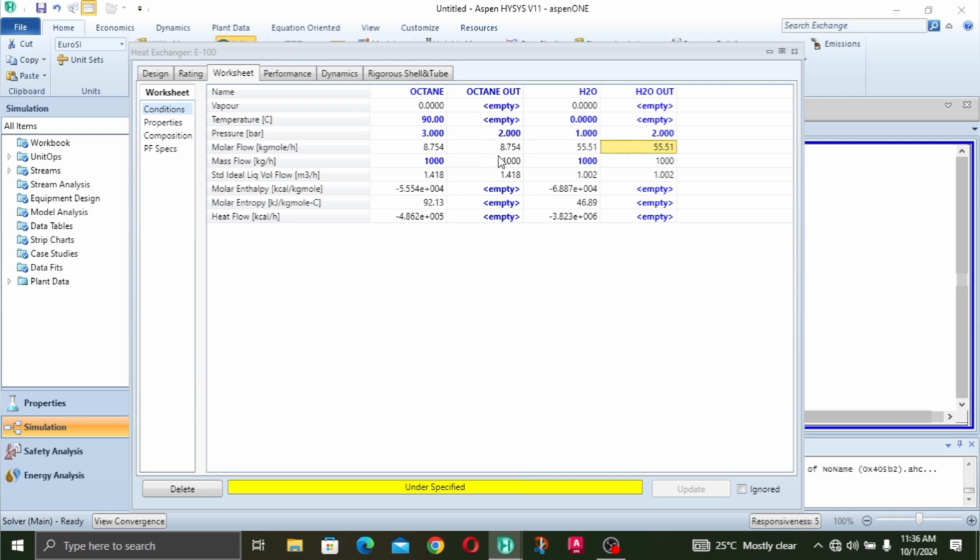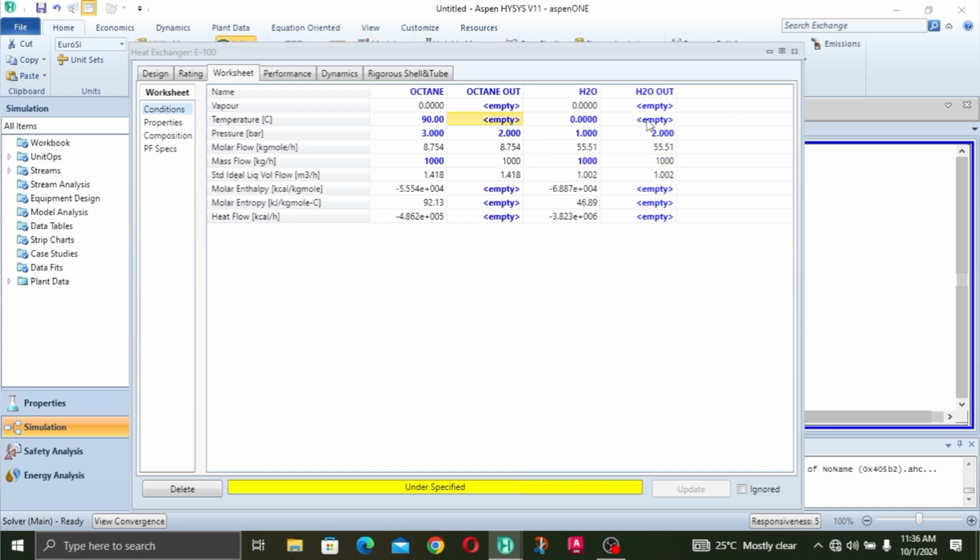So we still have a message saying underspecified. Now let's specify the outlet temperature of either the octane out or the H2O out. But bear in mind that we cannot have temperature crossing, a situation where the outlet temperature of the colder stream comes out hotter than the outlet temperature of the hotter stream. Because this is a shell and tube heat exchanger, that's an error.